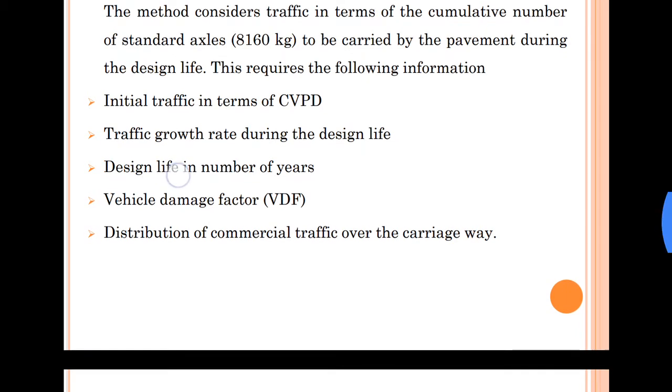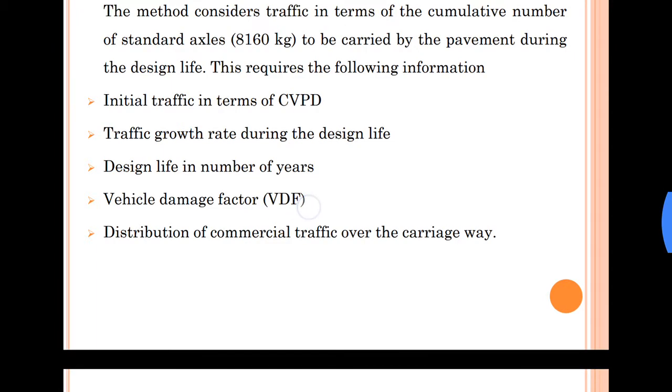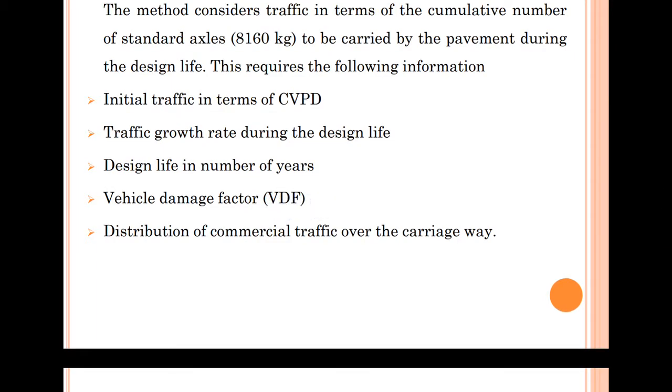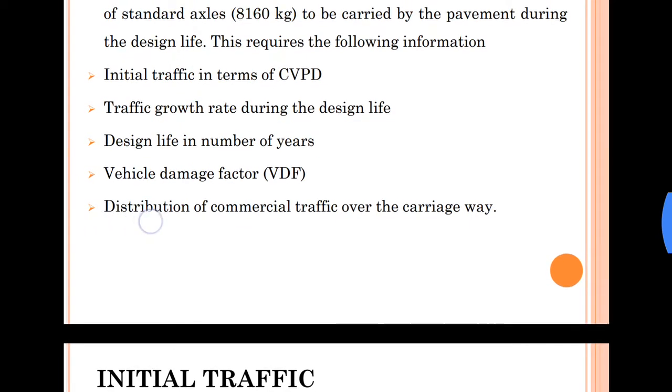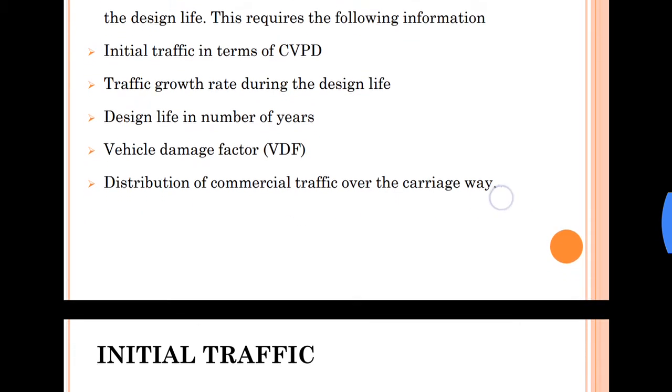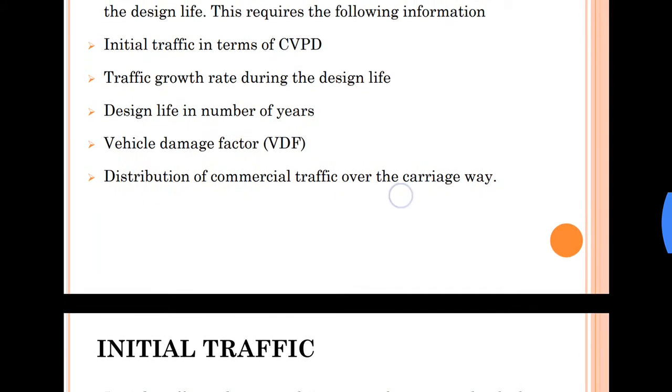Then design life in number of years, vehicle damage factor VDF, and distribution of commercial traffic over the carriageway. We consider a factor known as lane distribution factor in this regard.